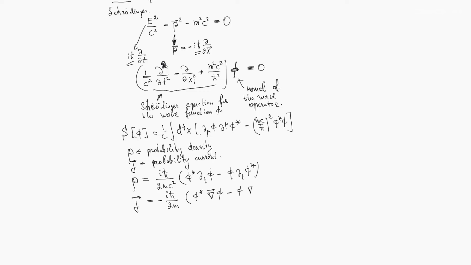Why are these quantities introduced? Because, as in non-relativistic quantum mechanics, you can see that these quantities satisfy the standard continuity equation: d rho over dt plus divergence of probability current J is equal to 0.